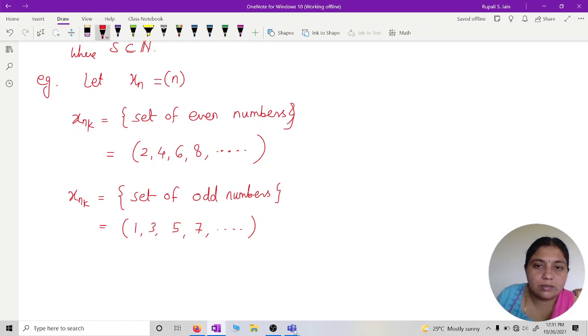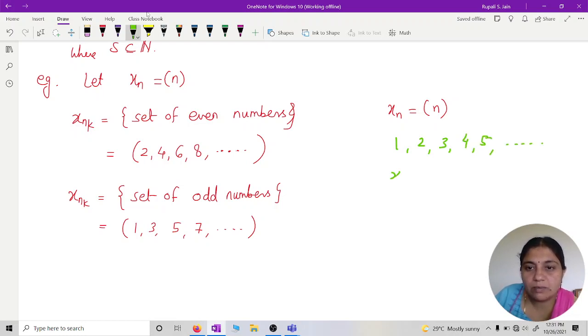Yes, ma'am. For xn = n, the sequence is 1, 2, 3, 4, 5 and so on. So x1 is 1, x2 is 2, x3 is 3 and so on, right? Are you getting this? Yes, ma'am. If we drop some elements, then we will get a subsequence.